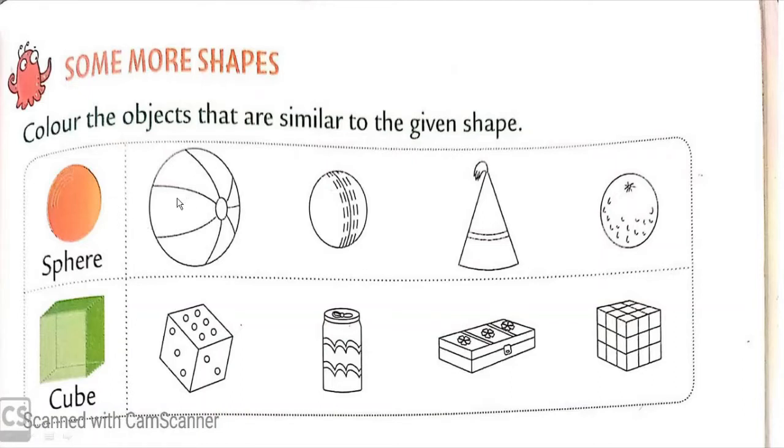So, this is also in the round shape. This is also. So, which both are similar? Yes, you are right. These both are similar. So, what we have to do? Yes, we have to color. Right now we are going to make a tick mark.